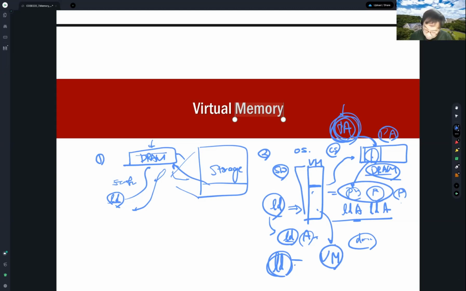So how can we manage these memory spaces in the physical memory? We don't know how many processes are running on our computer system. The hardware resources, such as the memory space and also the cores, are managed by the operating system.